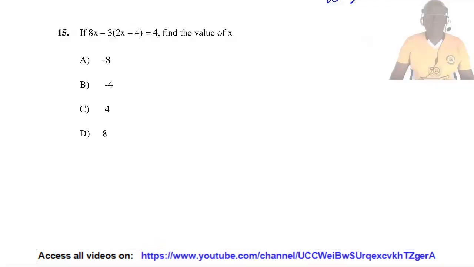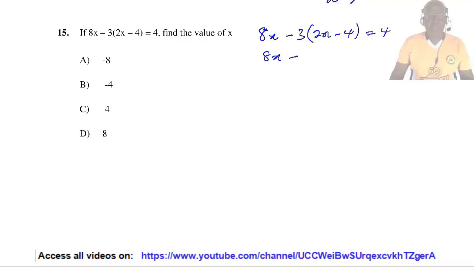Question 15. If 8s minus 3 times into brackets 2s minus 4 equals 4, find the value of s. That is 8s minus 3 into brackets 2s minus 4 equals 4.